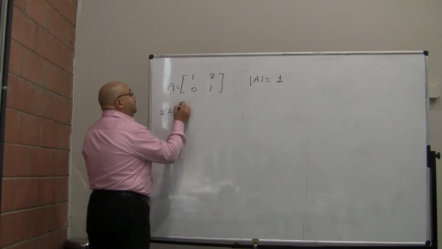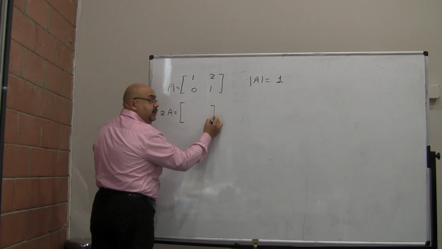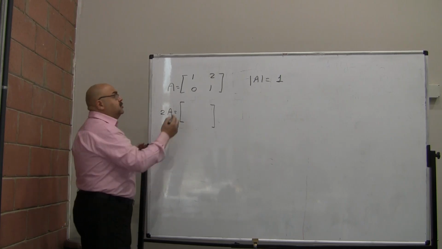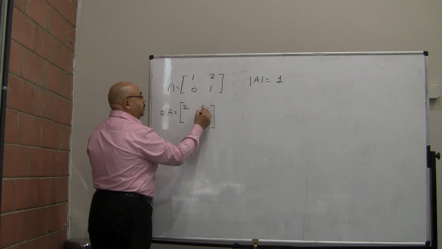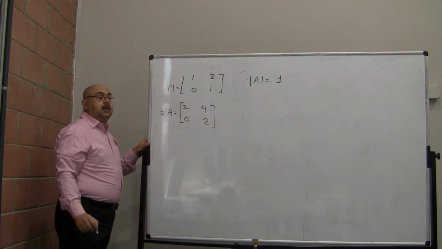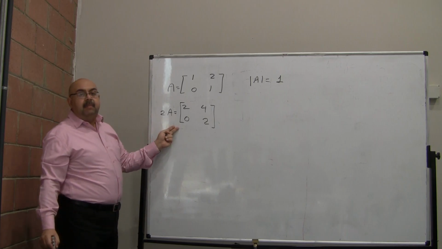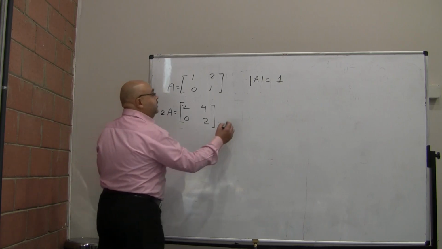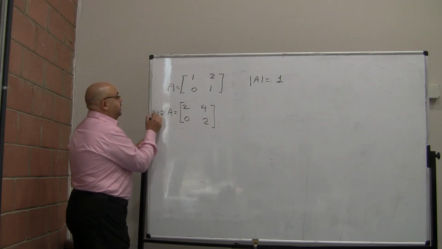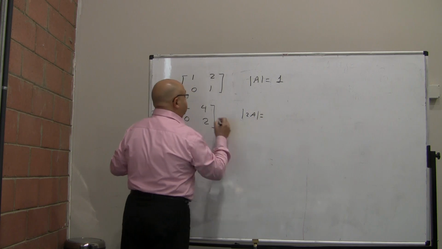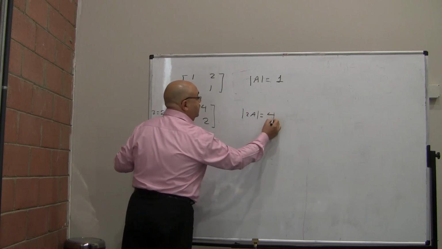So all the elements of this matrix will be multiplied by 2 according to the properties of matrices. So it's going to be 2, 4, 0, and 2. Let's get the determinant of this matrix. Let's say this is B. The value of 2A is going to equal 2 times 2, which is?